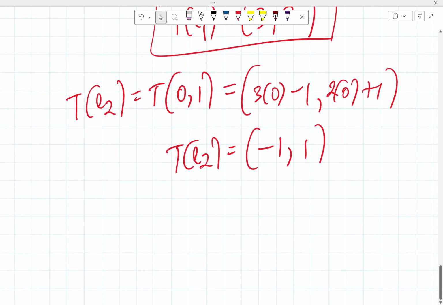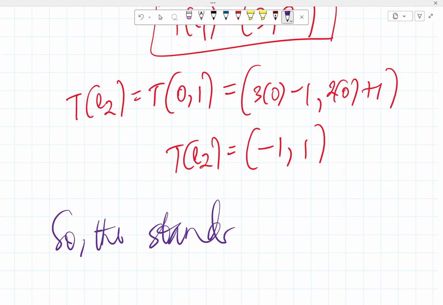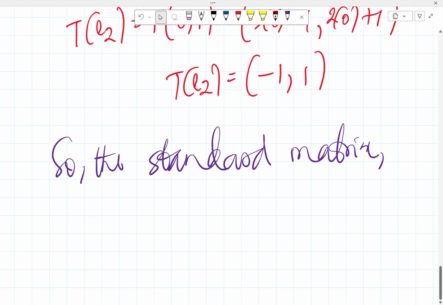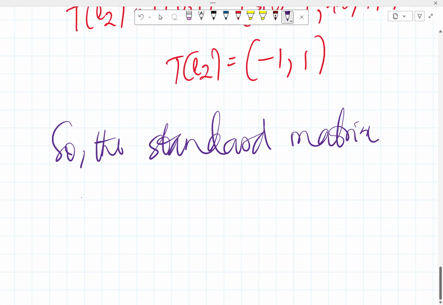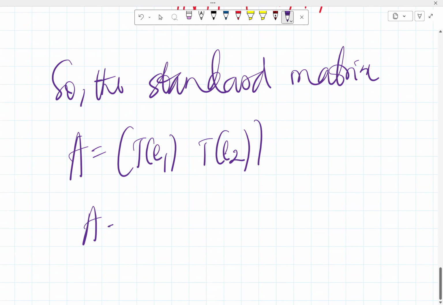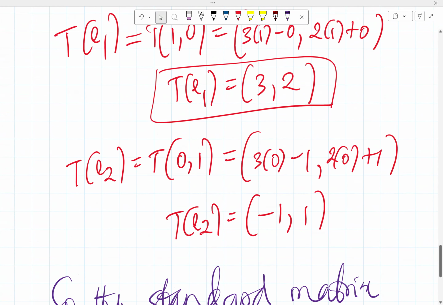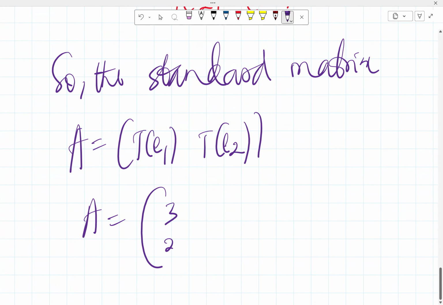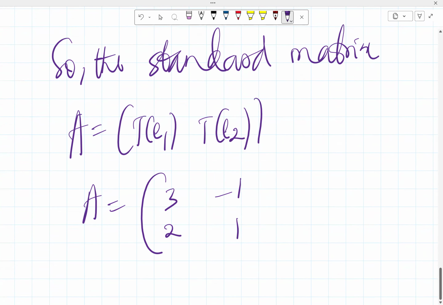Having done all that, the standard matrix A, which is equal to [T(e1) T(e2)], has T(e1) already as (3, 2) and the other column as (minus 1, 1). Okay, so this is the standard matrix we are looking for.